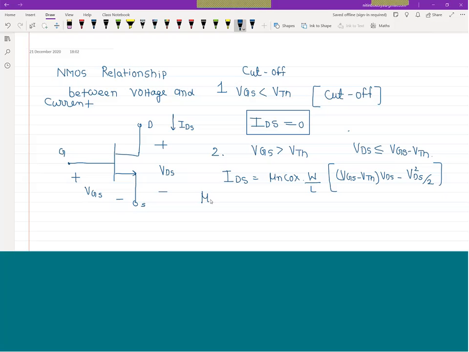Mu n is the mobility of electron. COX is the oxide capacitance. W is the width of the MOSFET.